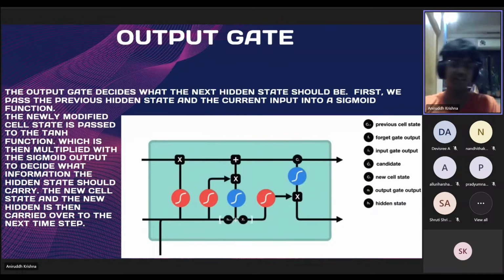And again, these get pointwise multiplied so that we can optimize the model. And this is the new hidden state that we have. So now we have two values, the cell state that goes forward and the new hidden state which also goes forward as the next hidden state, which will again be used with the next input for the same function. So that's basically the core concept of LSTM.